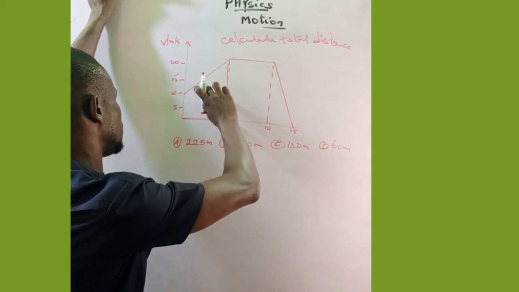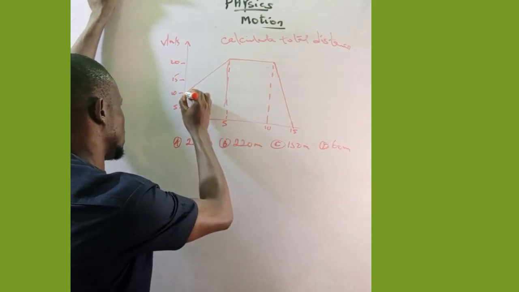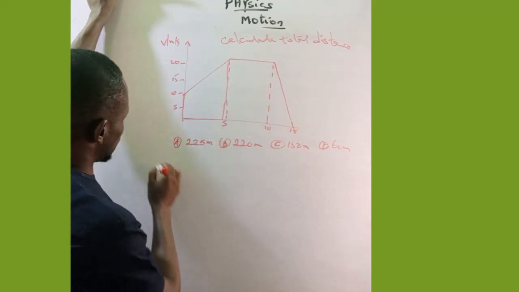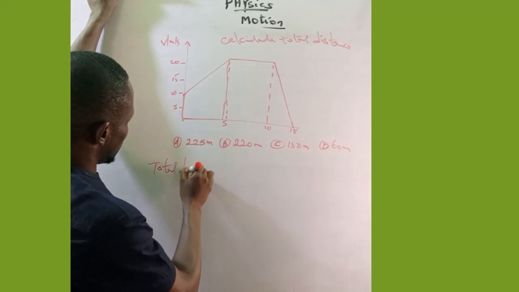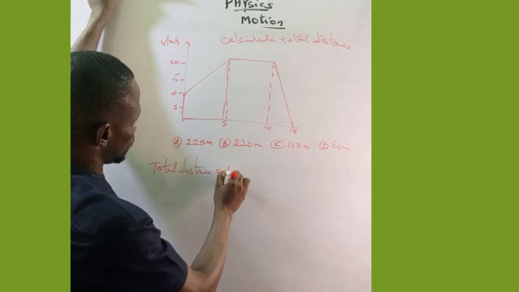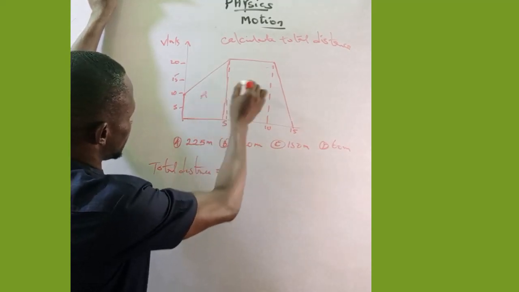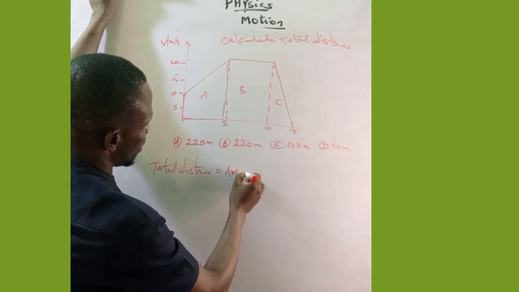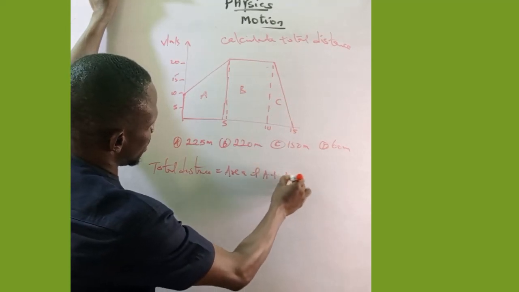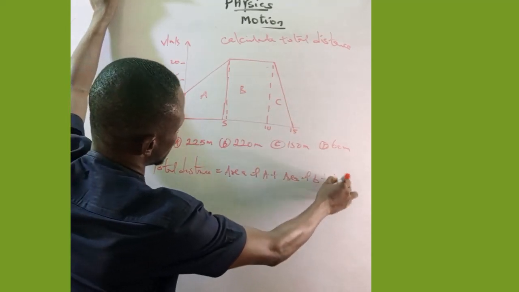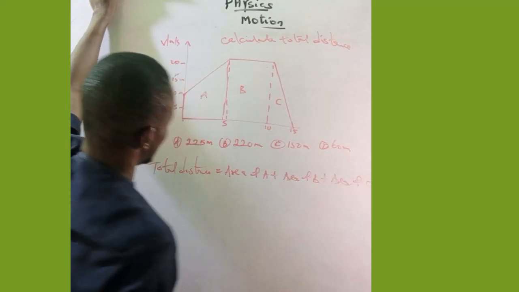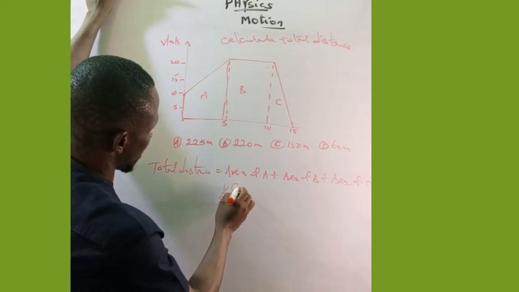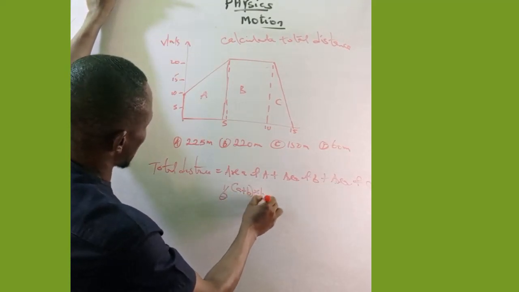In this trapezium, I have the two bases here to here and here to here. So the total distance is simply the area of the trapezium, A, plus the rectangle, B, plus the triangle, C. Area of A plus area of B plus area of C. The area of the trapezium is half, A plus B, times height.